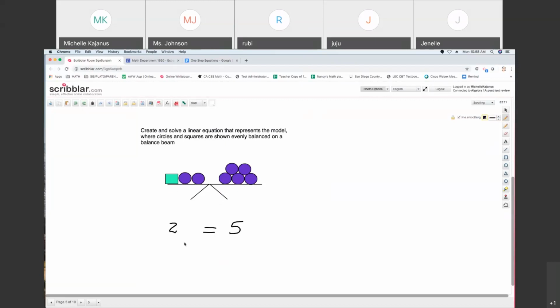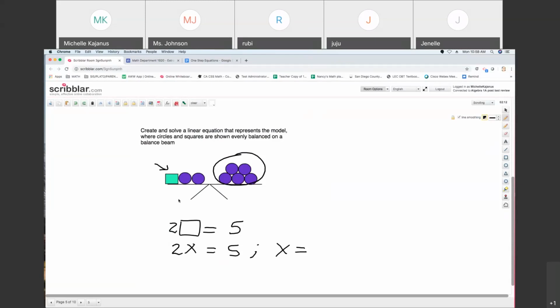And then I have a box. It's like, well, how many circles do I need to put in here so it matches what's on the right side? Instead of writing a box, you would write it as a variable. 2 + x equals 5. You're going to be asked to solve for x, comma, is equal to.